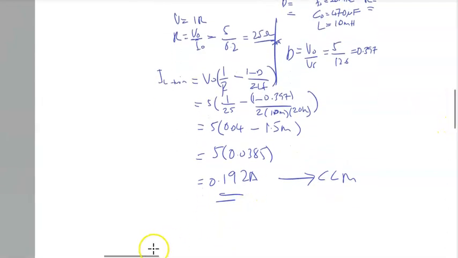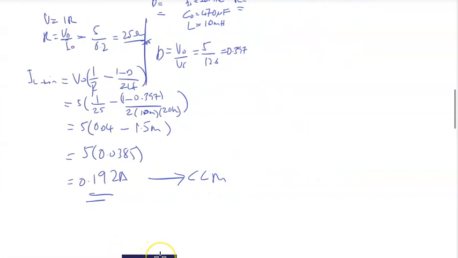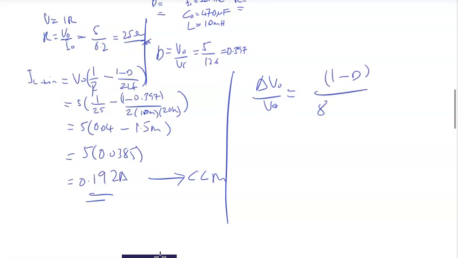So with this CCM assumption, we can calculate for our inductor value, for capacitor value. So the formula is that delta V out over V average output is equal to 1 minus D divided by 8 LCF squared.